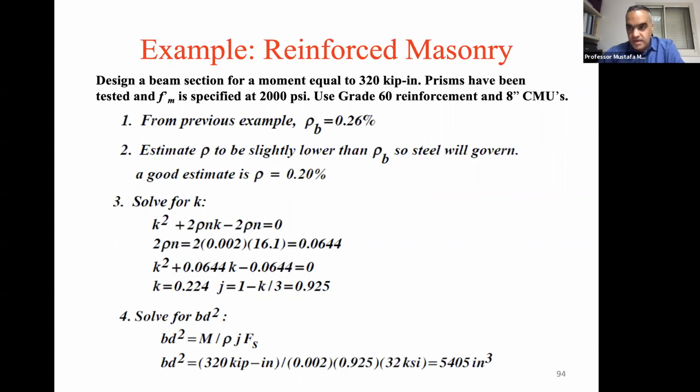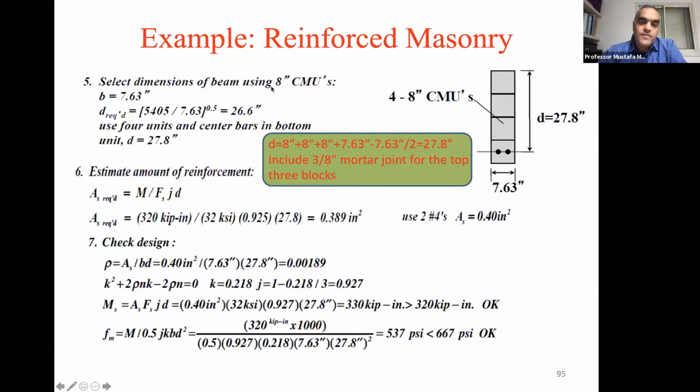We can assume one and find the other, but we are given it's an 8-inch CMU wall. This means that we have one dimension, so we can easily find the other. If it's an 8-inch CMU wall, then B is 7.63. So D is the square root of 5405 divided by 7.63, that's 26.6.